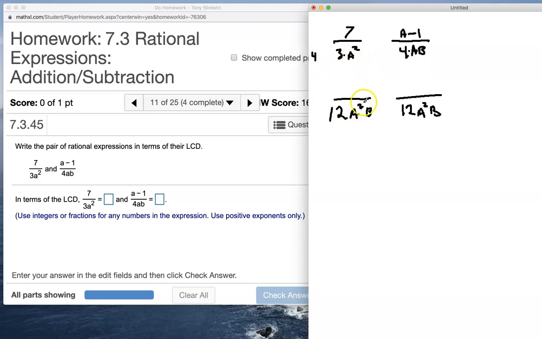I don't adjust the a squares, but there's a b missing here that's in the common denominator. I've got to multiply by b. So wouldn't you say if we multiplied those two out, we would get 12a squared b? I think so. Whatever you do on the bottom, you do up top. And so we're going to say 28b.